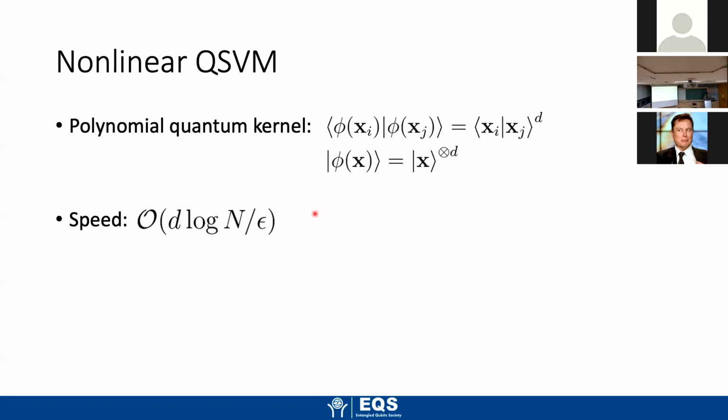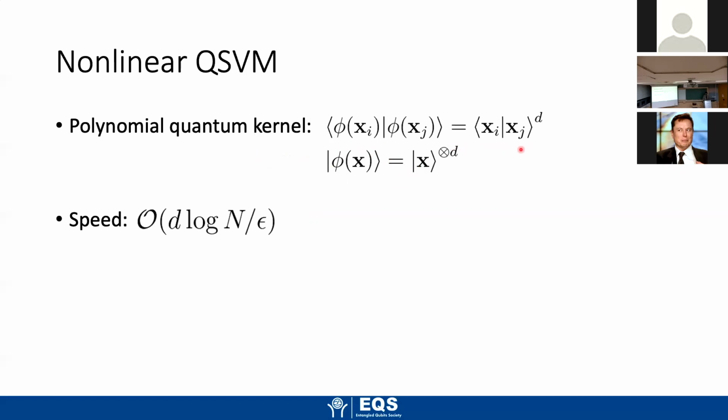Okay, so up to now we just considered amplitude encoding, which is linear SVM. We can also make it non-linear. This is just a tensor product of copies of the data, and we have this kind of kernel.